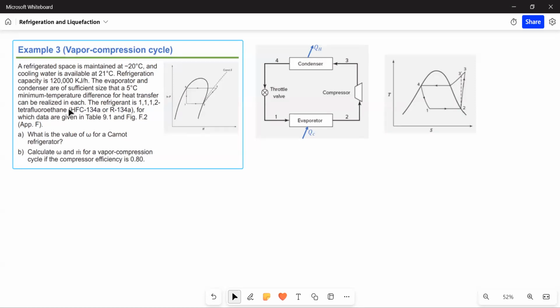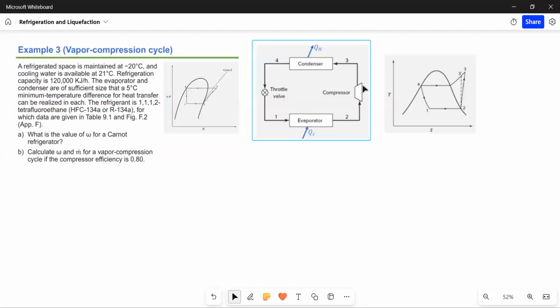The refrigerant is tetrafluoroethane or R-134A, for which the data are given. What is the value of the COP? So this symbol here refers to the COP of a Carnot refrigerator. Calculate the COP and mass flow rate for a vapor compression cycle if the compression efficiency is 0.8.